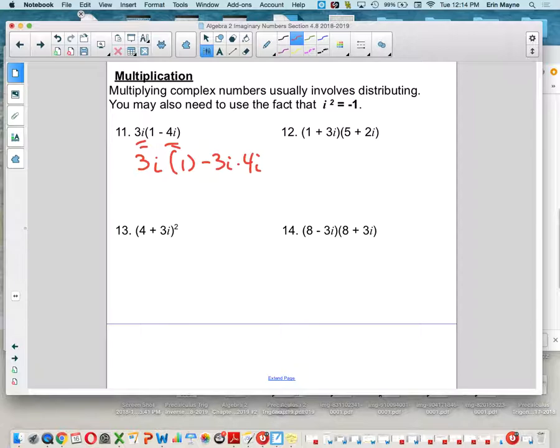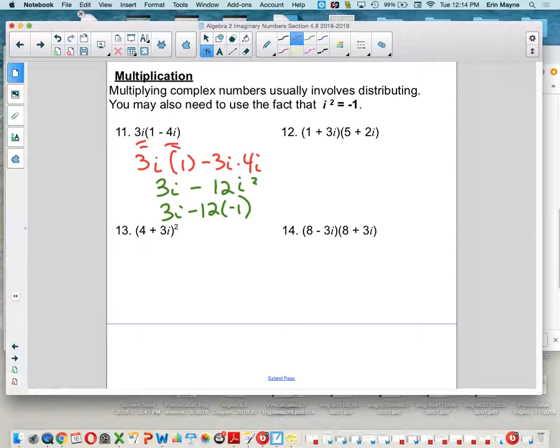Okay, part of this is easy because 3i times 1 is 3i. Now, watch closely. This is minus what number? 12. But then you have i what? Okay, flip back. What is i squared? Louder. -1. So really, this is 3i minus 12 times -1.